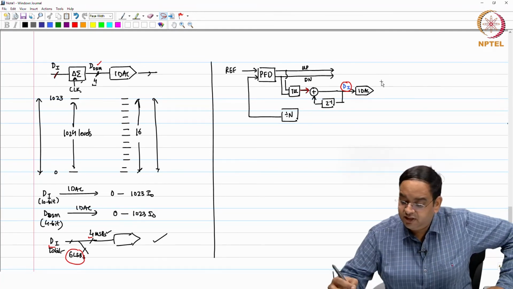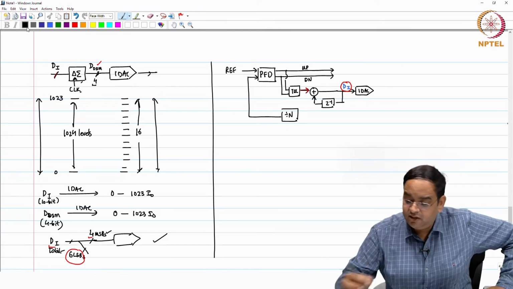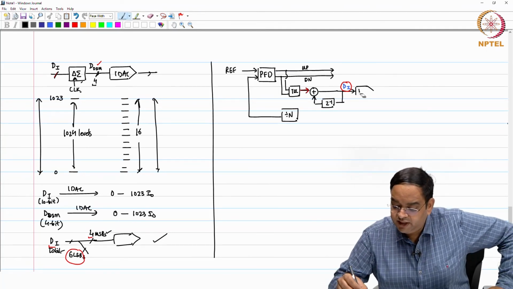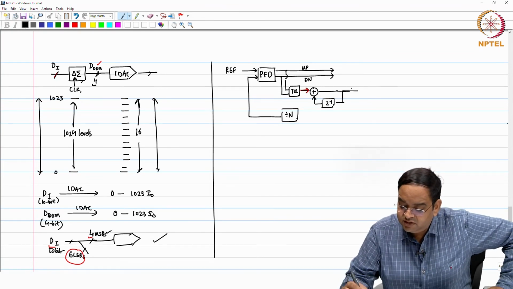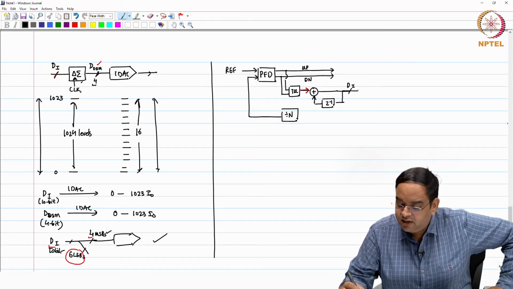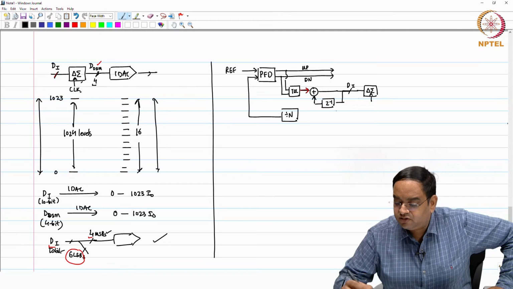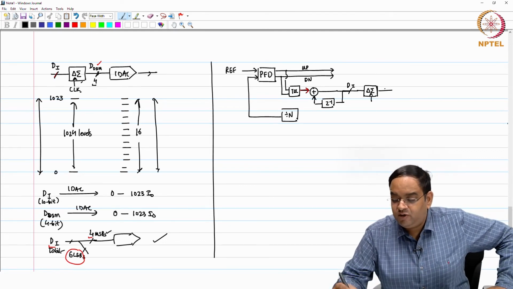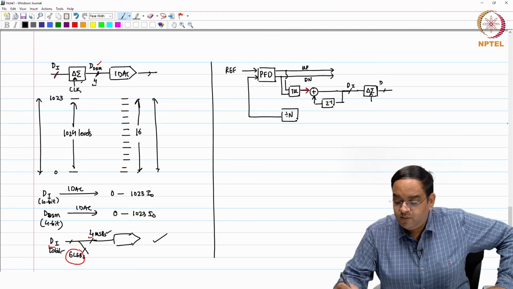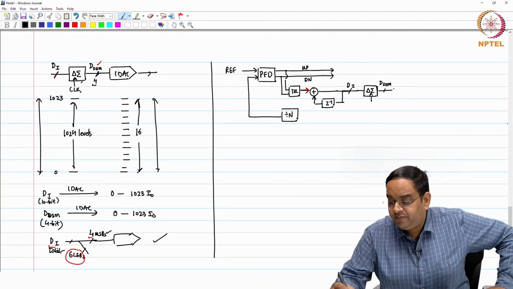Your up and down signals are going to come to an oscillator. And this is DI. This DI is going through a digital delta sigma modulator. This is clocked. The output of this digital delta sigma modulator will mostly have a lower number of bits, TDSM.